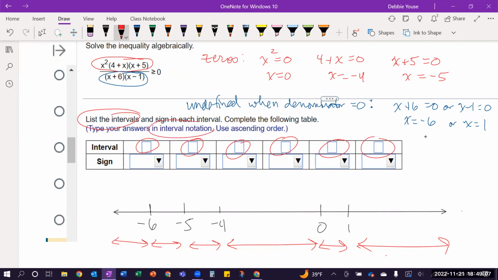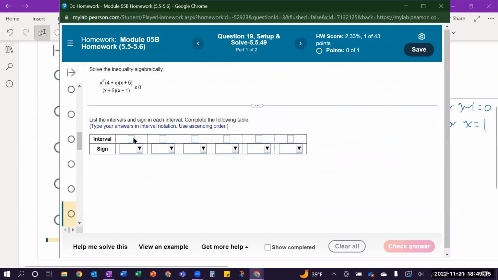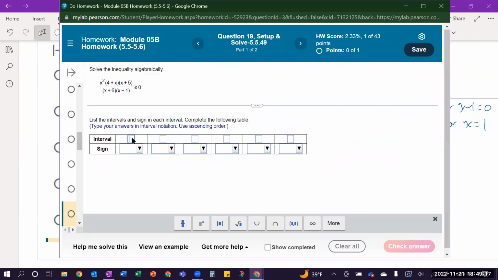And I'm going to do that in interval notation, using all parentheses, no brackets. So this is going to be negative infinity to -6, close with a parenthesis. The next one, and stop me if I make a mistake, I'm going from memory what I had on the other screen: -6, comma, -5.